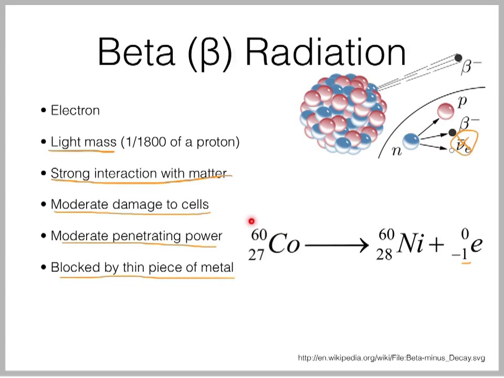For cobalt-60, it loses a neutron but gains a proton, so we've got no change in the mass number, but we do have a change in the atomic number. Again, a neutron has turned into a proton and an electron is emitted, and that's our beta particle. If you look at the numbers, 28 and -1 makes 27, so that's balanced. We've got 60 and we've got 60 here, and that's 0.